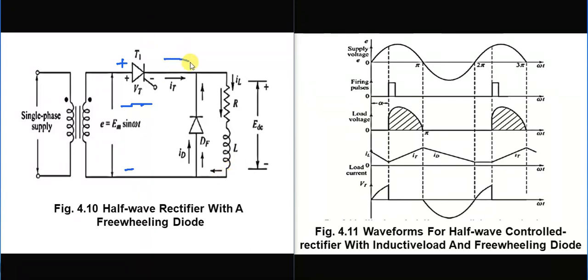The current will flow through the inductor. The current will not flow through this diode because the diode is reverse biased, hence it acts as an open switch.